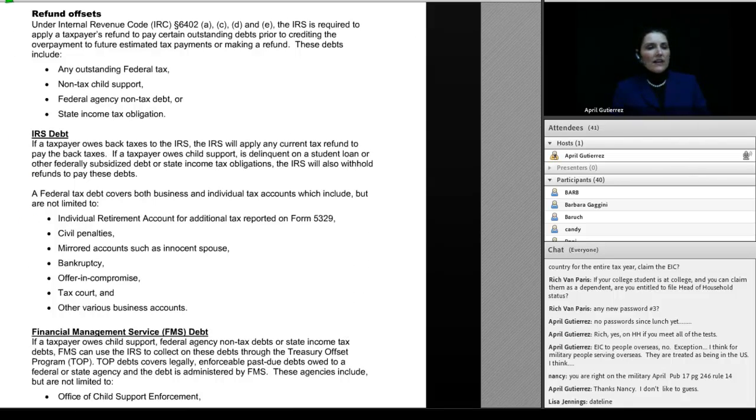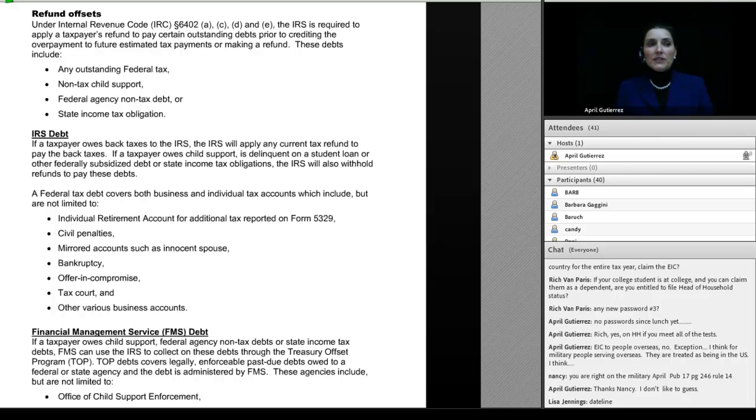All right, let's talk now about refund offsets, because we've talked about refund delivery methods. Now what happens when your client has a refund coming but they didn't get it? And how often does that happen? Well, it happens at every income level and every socioeconomic status; at some point anyone may end up in an offset program.